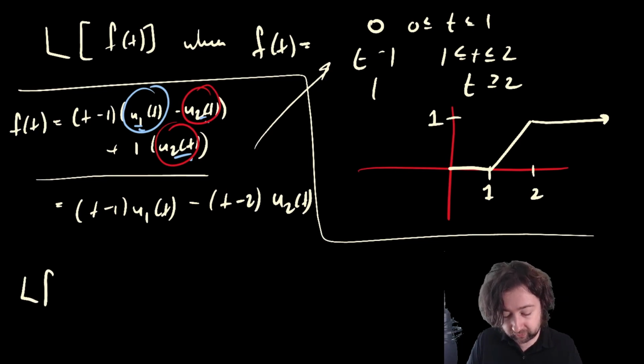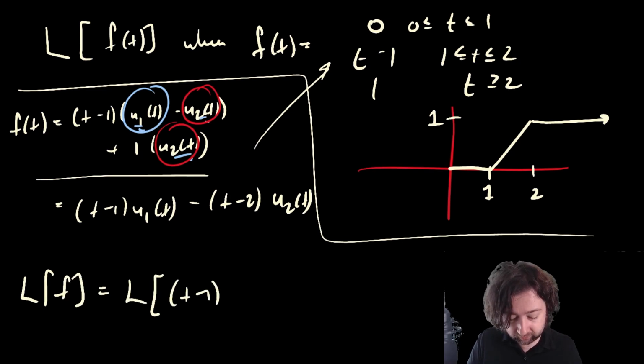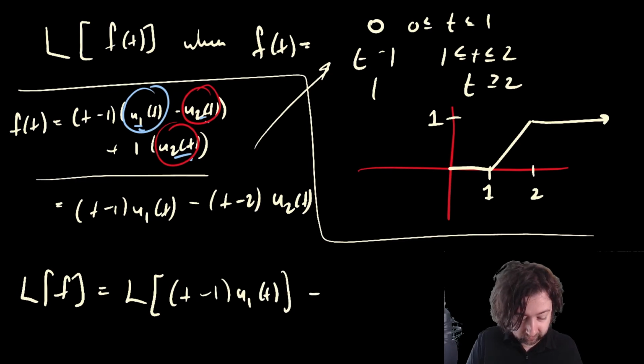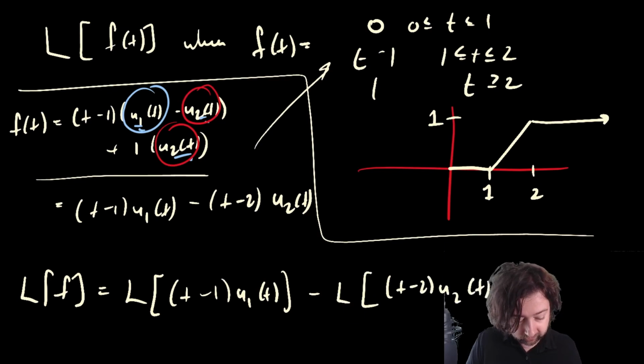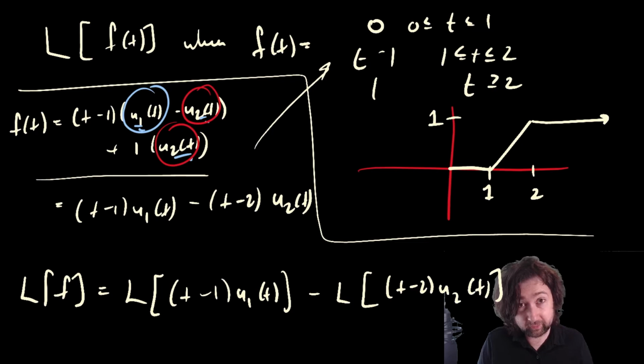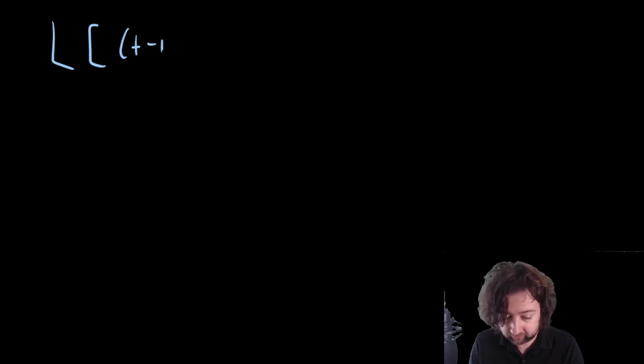So the Laplace transform of f is equal to the Laplace transform of t minus 1 u1 of t minus the Laplace transform of t minus 2 u2 of t. And both of those functions fit the form of the second shifting theorem. All right, so from here, let's take this line and see if we can actually compute these Laplace transforms. So let's start with the Laplace transform of t minus 1 times u1 of t.